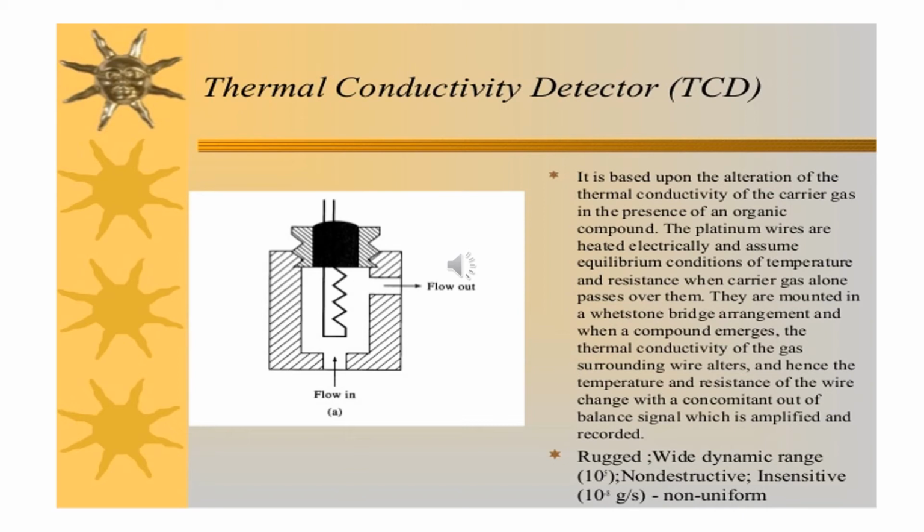They are mounted in a Wheatstone bridge arrangement, and when a compound emerges, the thermal conductivity of the gas surrounding the wire alters and hence the temperature and resistance of the wire change, with a concomitant out of balance signal which is amplified and recorded.